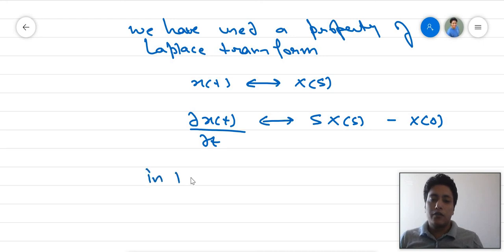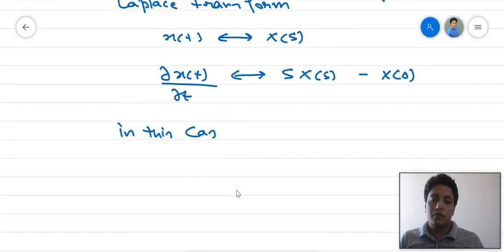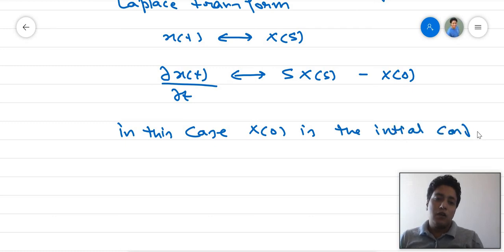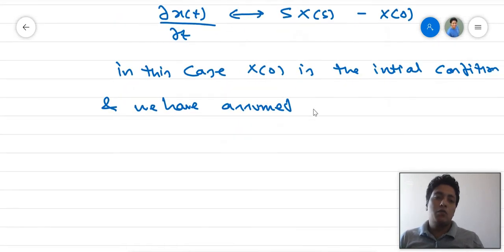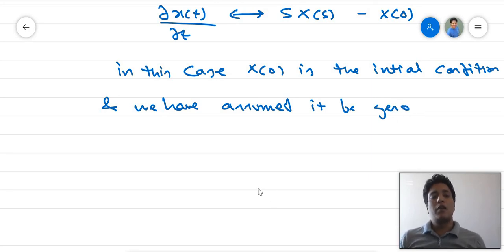In this case, x(0) is the initial condition, and we have assumed it to be 0. That means the analog filter which we are dealing with right now, we are assuming that at the initial state it is relaxed, so there are no initial conditions.